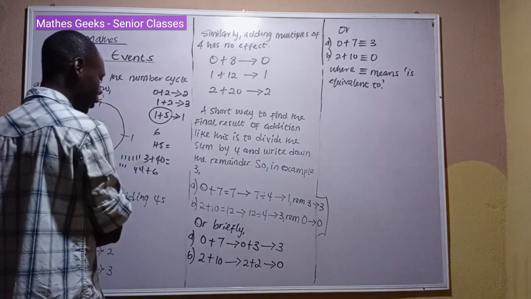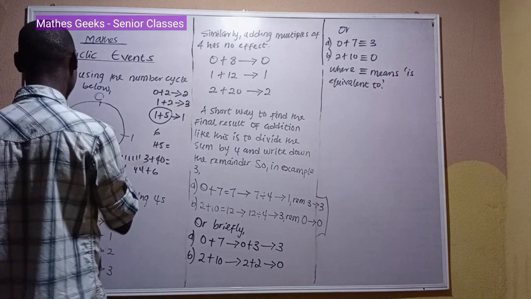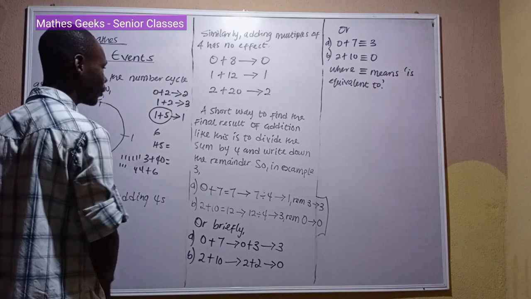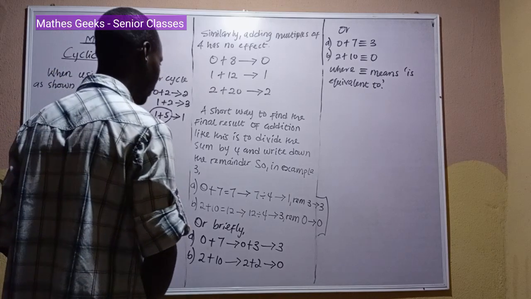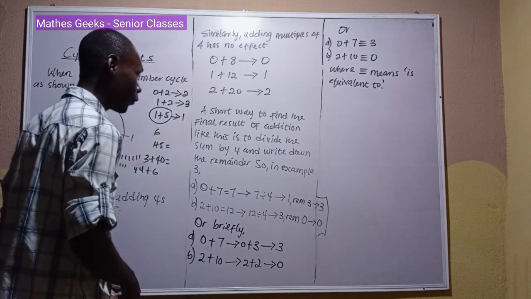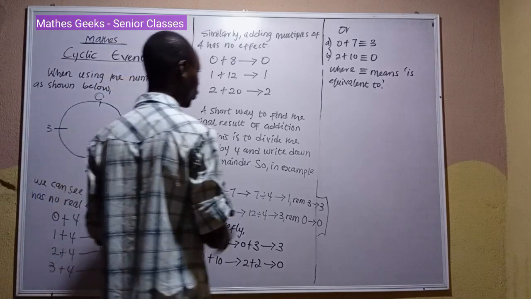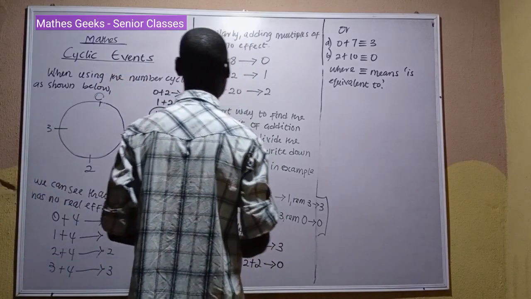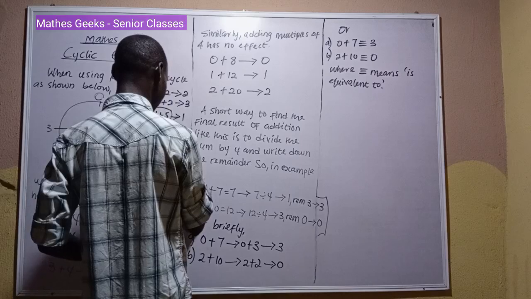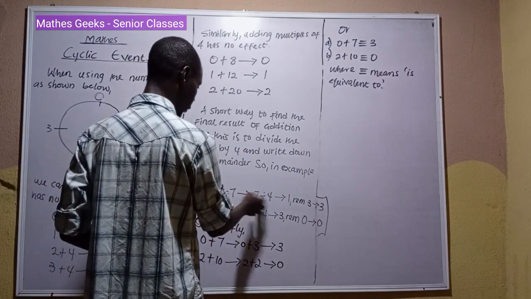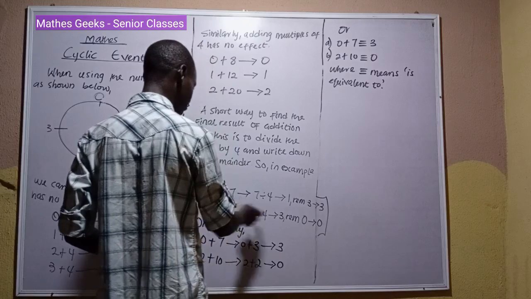So in example 3, what we have here is about modular arithmetic, and modular arithmetic is the mathematics of remainders. This is like an introduction to modular arithmetic. So for instance, in our last example, we looked at 0 plus 7, which is 7, and then remainder 3; 2 plus 10, 0.